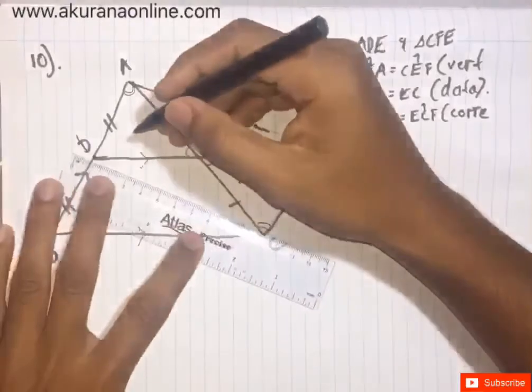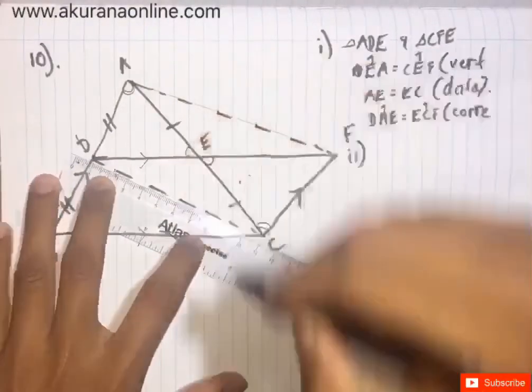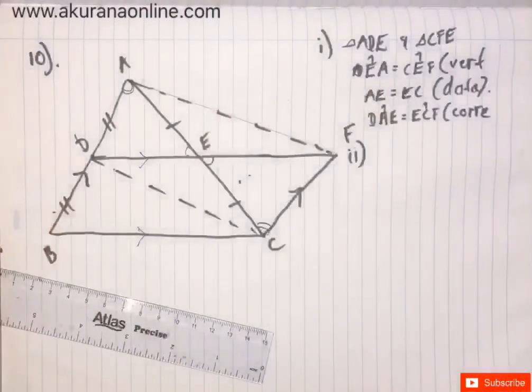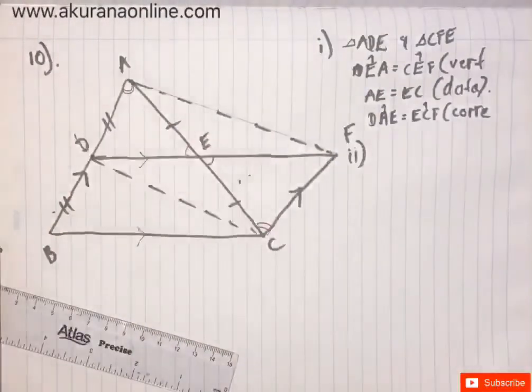You have to join this also, DC. After joining, show that ADCF is a parallelogram, and that its area is the area of the triangle ABC.